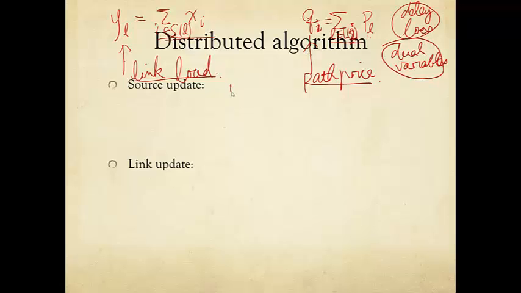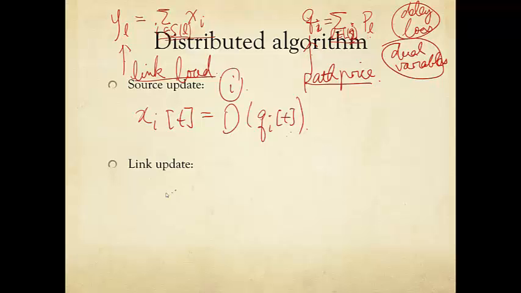Skipping the very interesting derivation, here's what we end up with. Each source I will autonomously run the following update iteratively from discrete time slot t to t plus 1. You're going to update your rate x at time t basically as the demand function, where the price is the path price at this time t, and the path price at time t will be the update from the last iteration t minus 1.